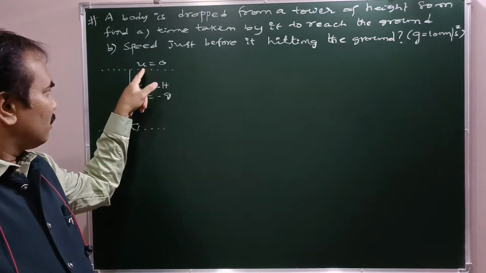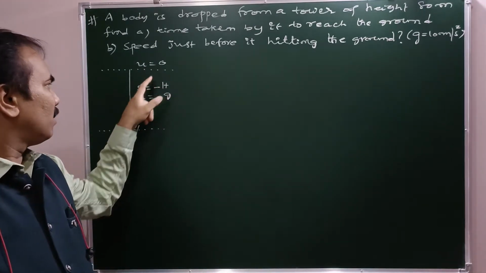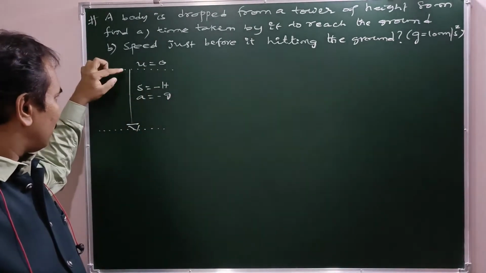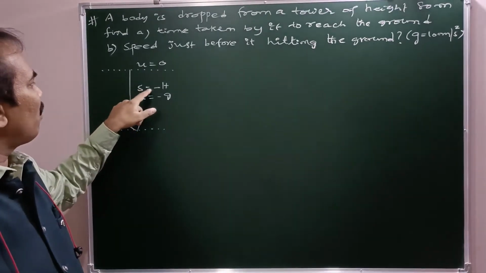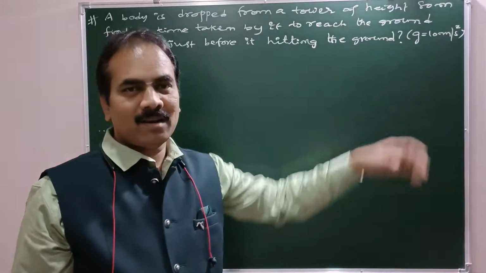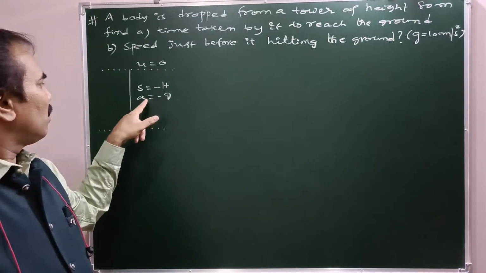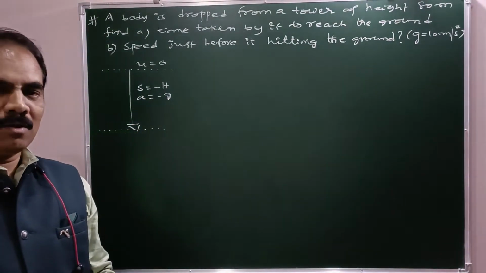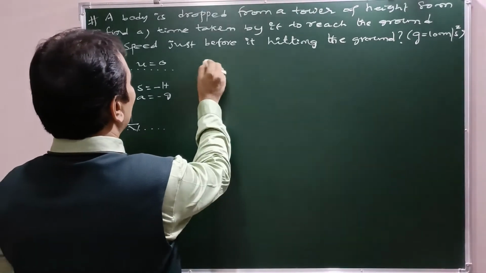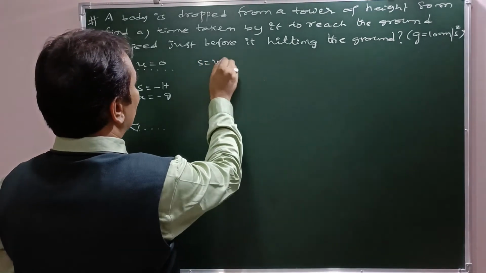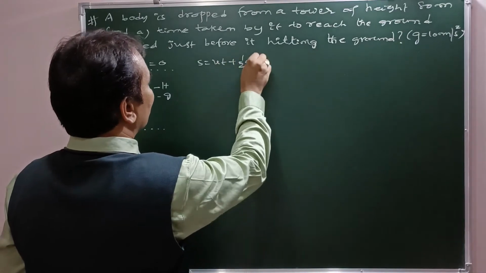Here initial velocity known to be 0. Displacement covered from point of dropping to ground, that is s equal to minus h, that is equal to 80 meter. So h also known. Now a also known. So you must consider s equal to ut plus half a t square.